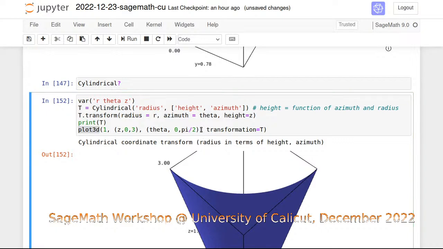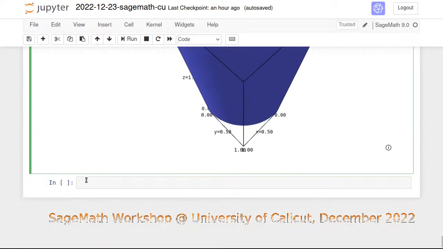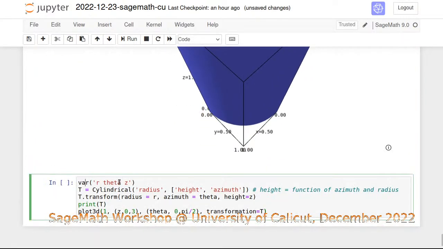So in a similar way, we can define spherical coordinates as well. For that, we have two angles and one radius. Radius, azimuth, and inclination. These are the three things that we are supposed to provide. So let me copy this. Theta and phi, let us call spherical. Radius, azimuth, and we usually call it inclination.